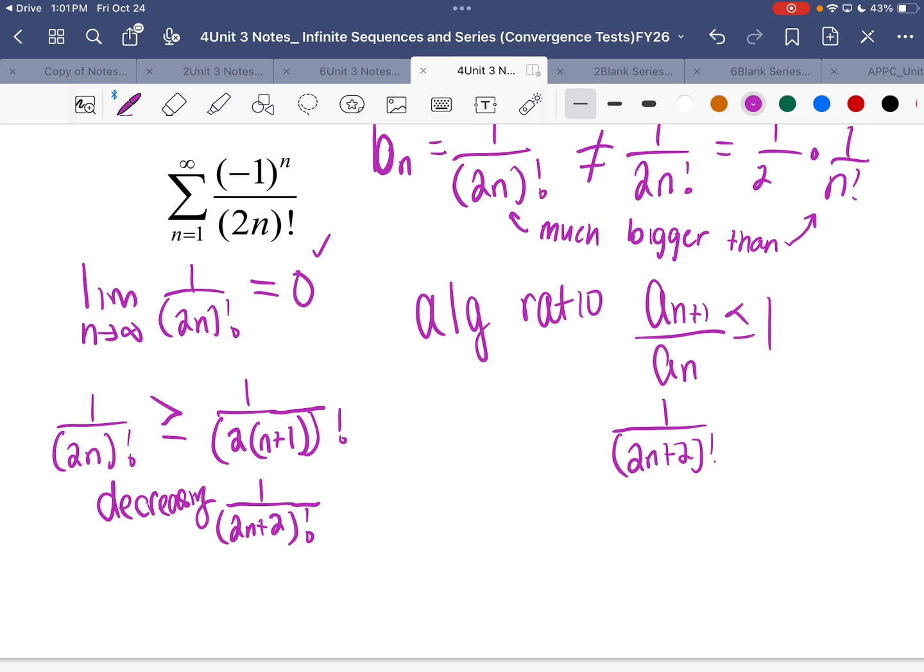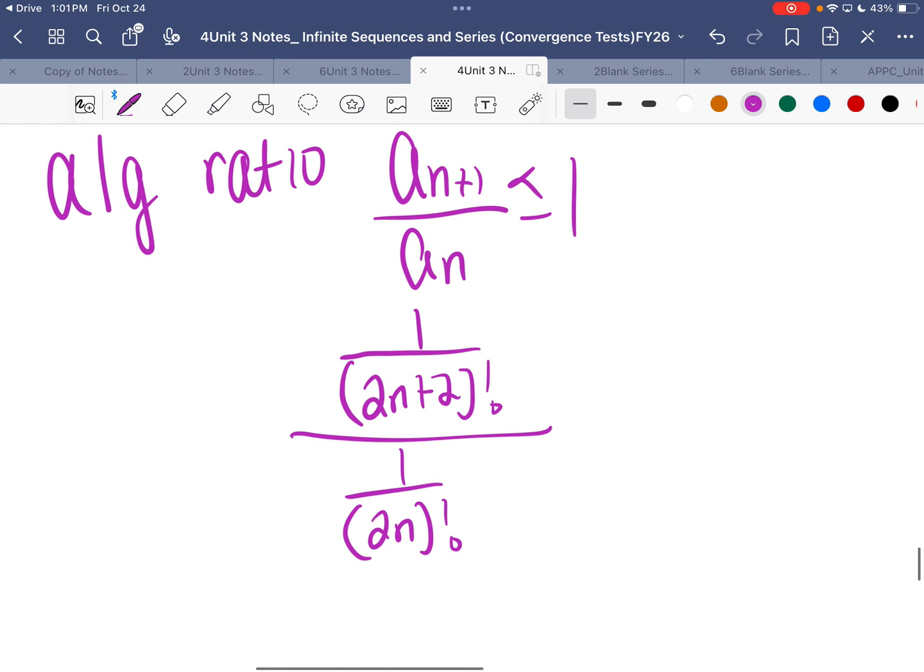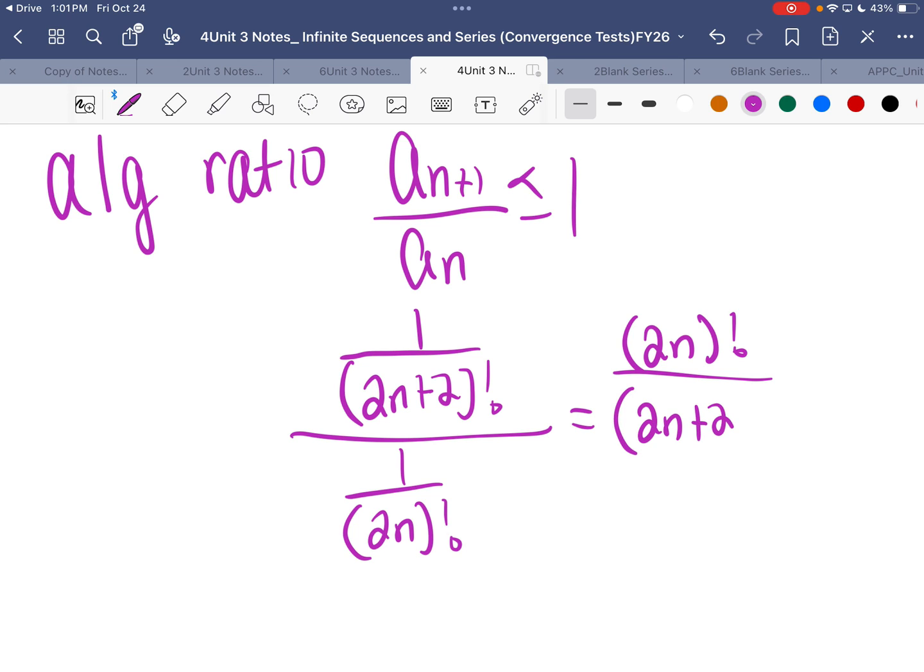2n plus 2 factorial. And then we have 1 over 2n factorial. Multiplied by the reciprocal, I get 2n factorial over 2n plus 2 factorial. When simplifying factorials, it's good practice to expand out the bigger factorial because eventually it's probably going to cancel with a smaller factorial.